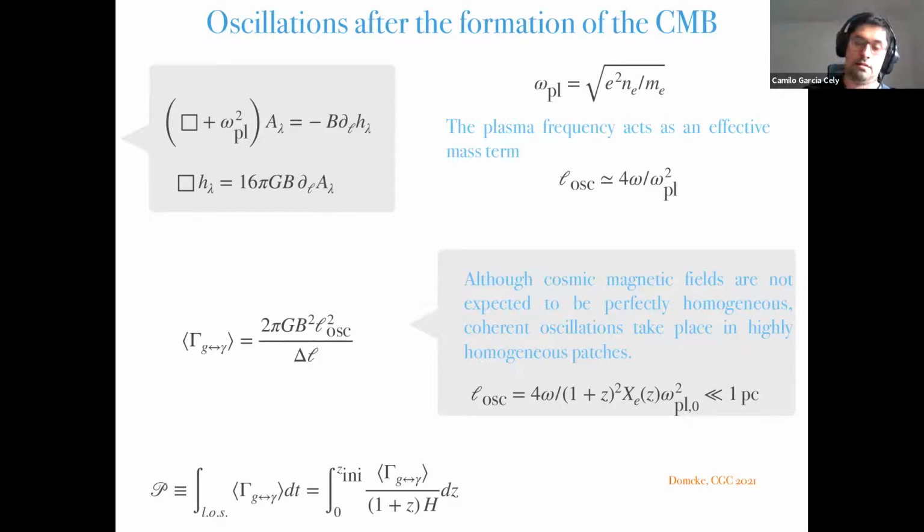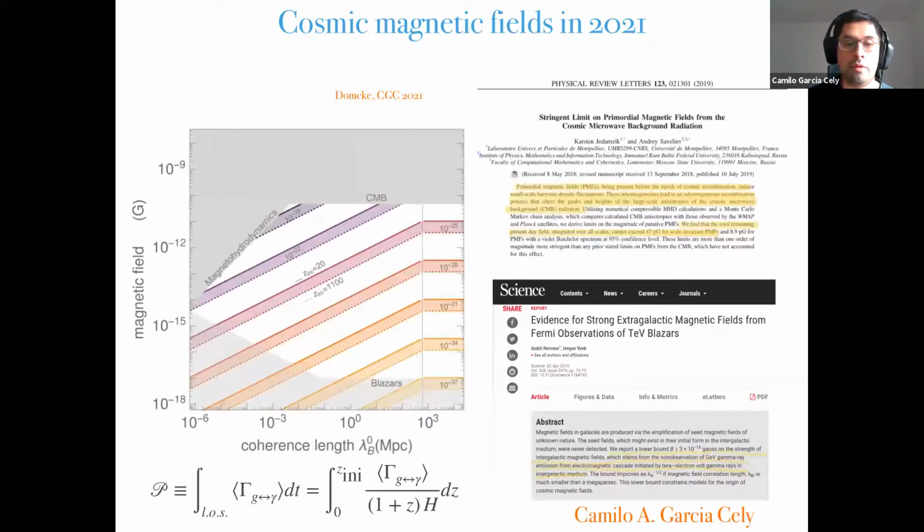This is what is done here at the bottom, and actually what is shown on the plot that I was showing before. So the color contours are just contours of the conversion probabilities. And this depends on what we assume for the initial redshift where the conversion starts taking place.